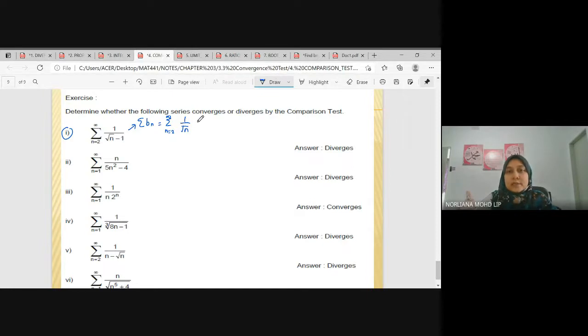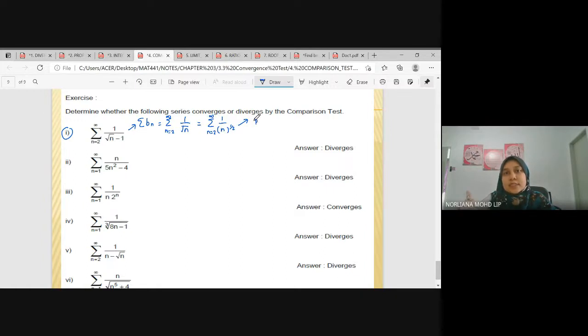Okay, once you have this, you modify it to know whether it is a P series or a geometric series. So 1 over n, with n equal to 2, n to the power of 1 over 2. This one is from geometric, this one is from P series.